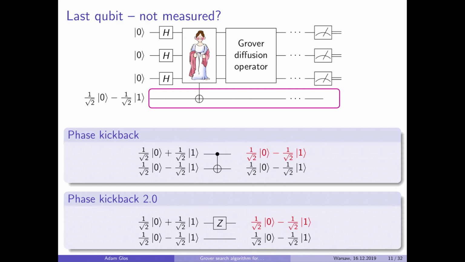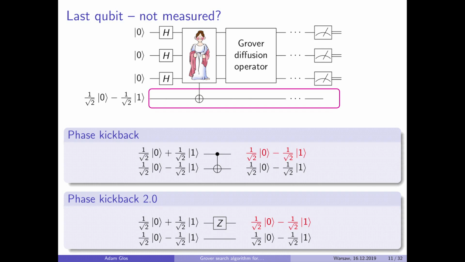So suppose you start with this state. Let me recall that this is the control qubit, and this is the target. In principle, this is the qubit that should be changed. But it turns out that the target qubit remains unchanged, while the first qubit, the control qubit, has changed its phase on the 1.